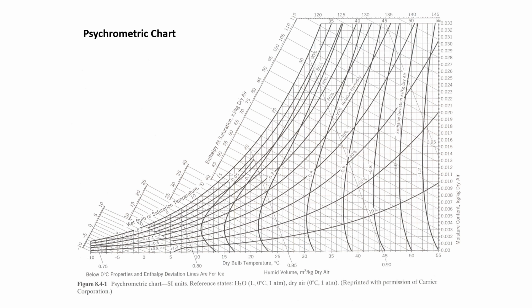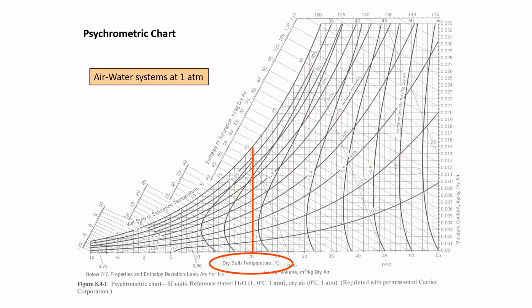Okay, so there's a lot going on this chart, and just a couple things to note are that this is an air-water system at 1 atmosphere. So if it's different than 1 atmosphere, it's going to change. And then the other thing is there's your dry bulb temperature on the x-axis. So there's, for example, about 20 degrees Celsius.